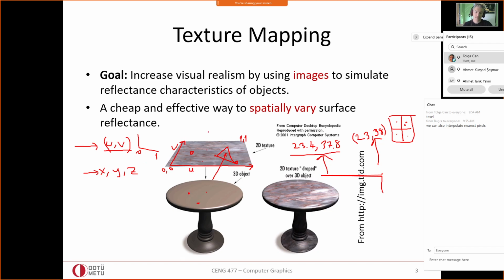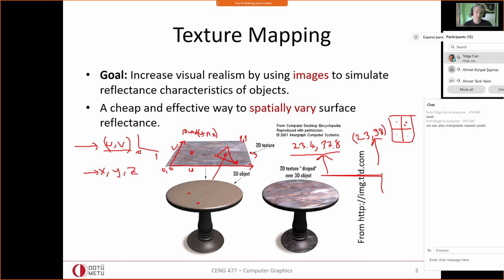So if this image contains nx and ny number of pixels, in order to find the correct texture coordinates in terms of integers, we multiply nx with u and round it to the nearest pixel value.